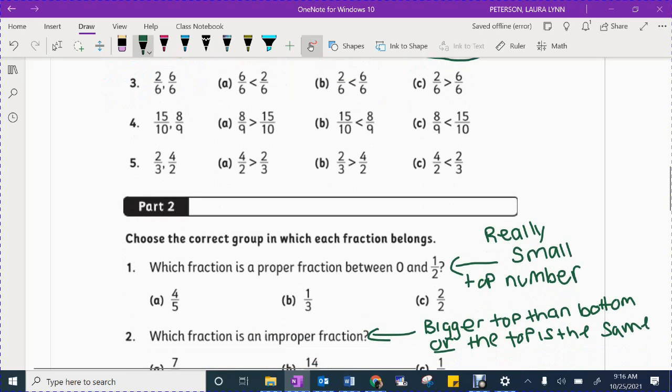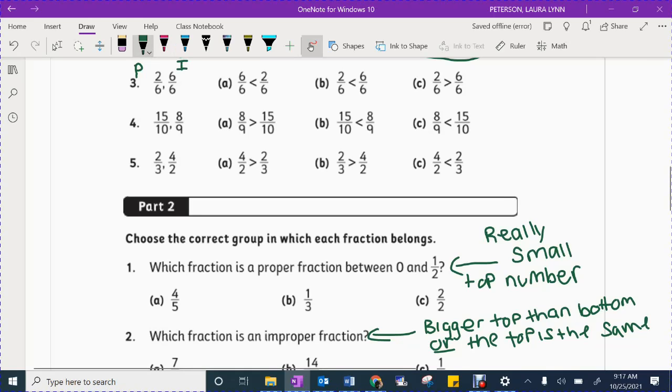Number 3, let's decide what's proper or improper. So 2/6, 2 is smaller than 6, which makes this a proper fraction. 6 over 6 makes this an improper fraction, because remember, improper can also mean the top and bottom are the same.